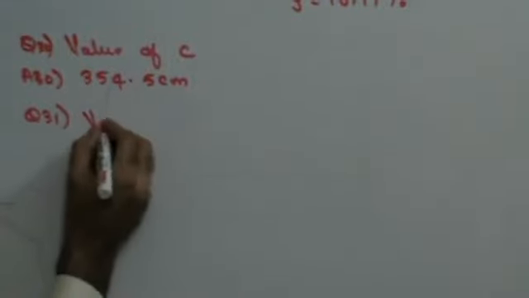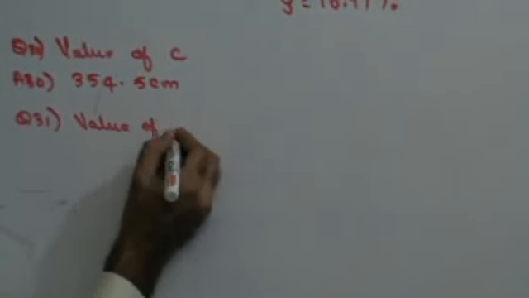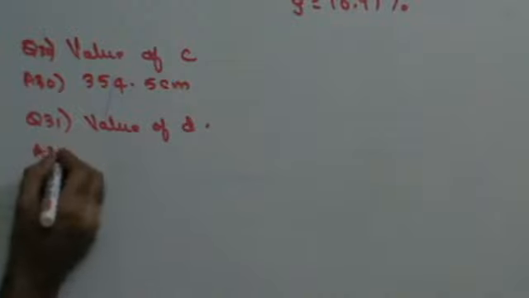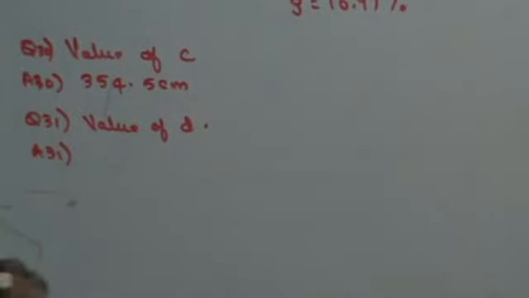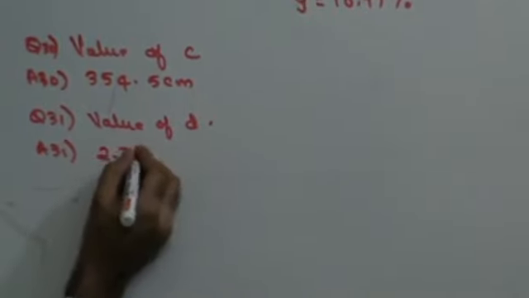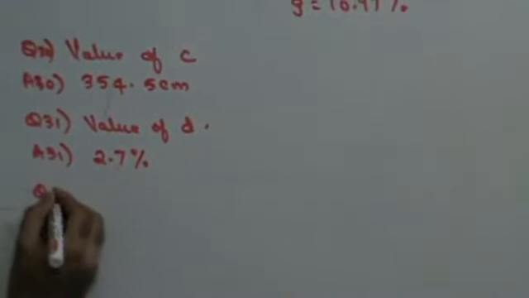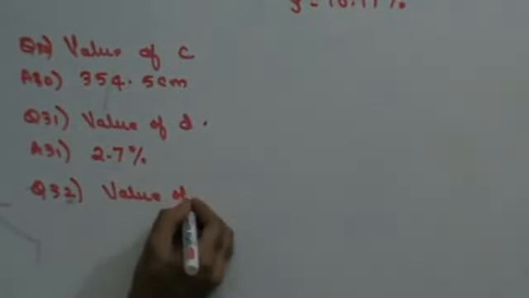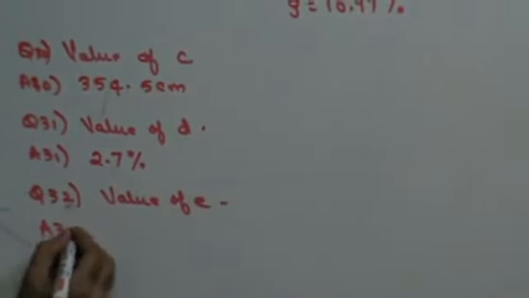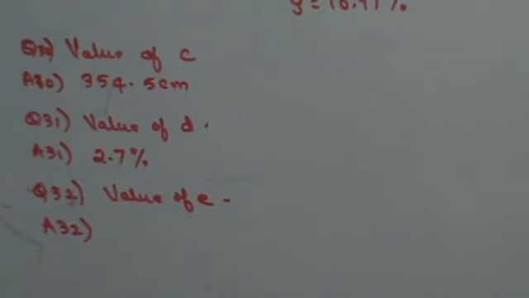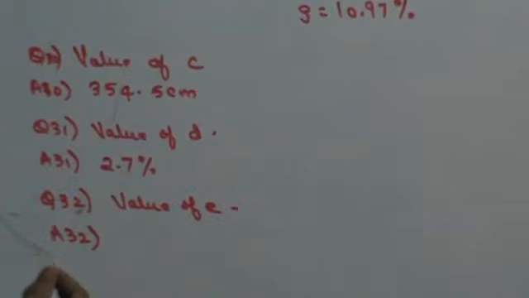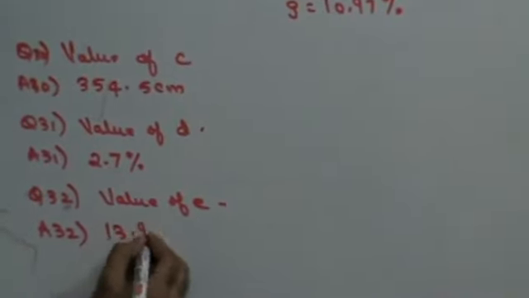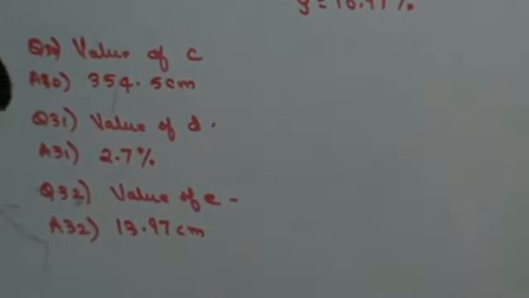Value of D. Value of D you found as 2.7%. Next, value of E. Value of E is 13.97 centimeters. Right?